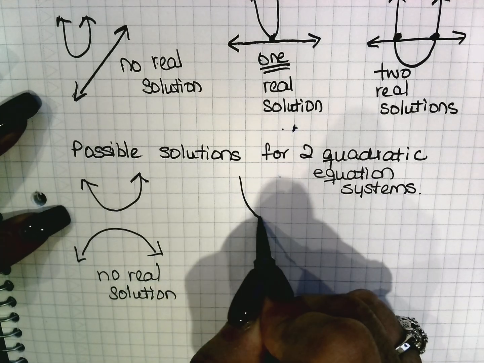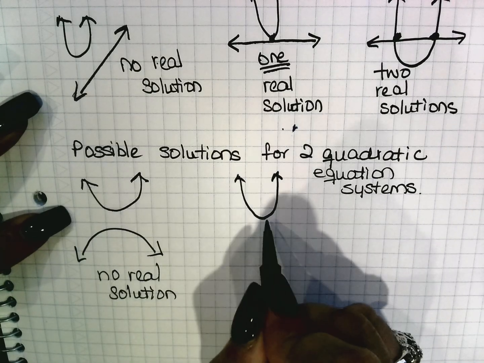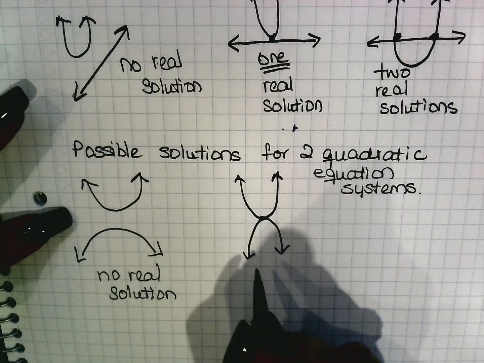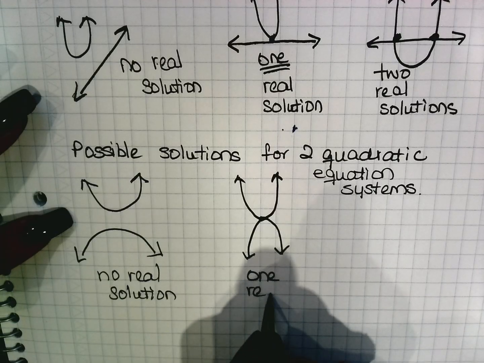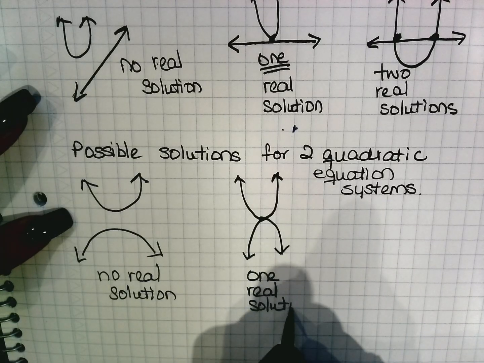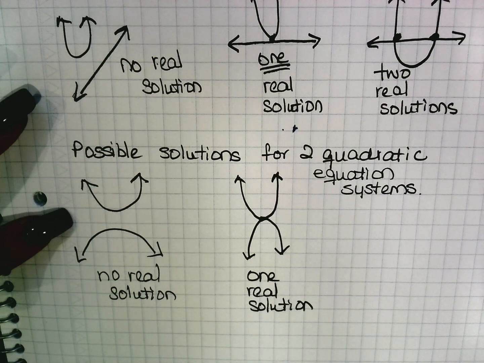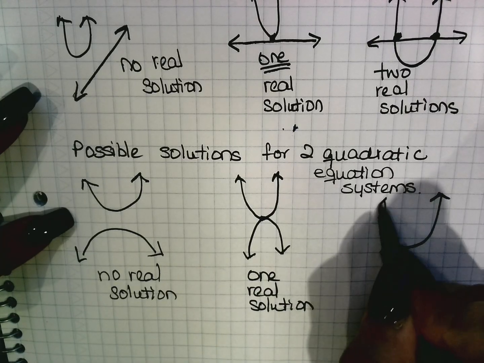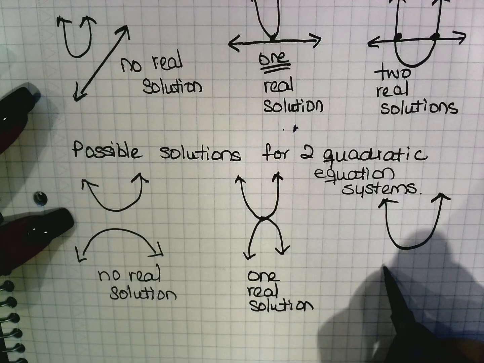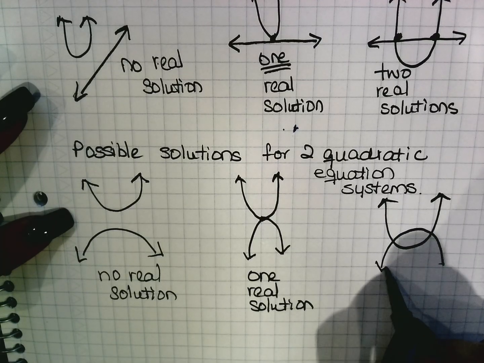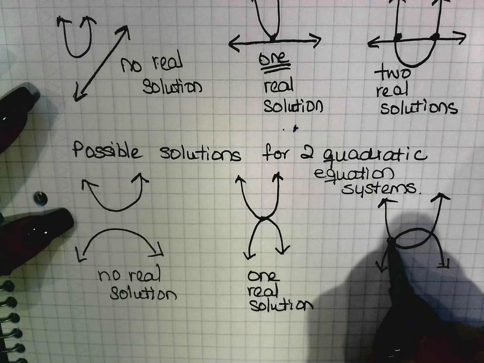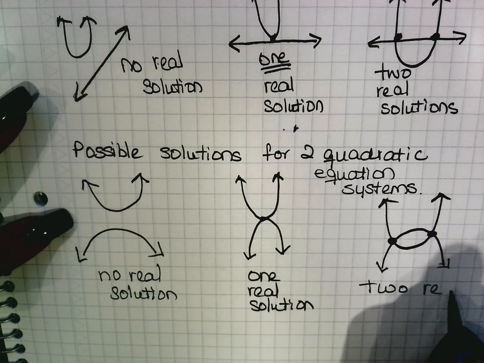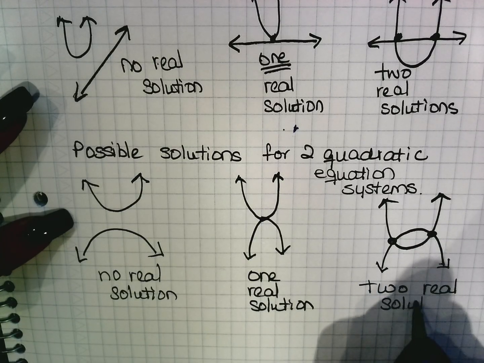Or I could have a parabola here, and then just that point and another parabola there. And that would give me one real solution. Or we could have one parabola doing that, and another one that does that, and we would have a solution there and a solution there. So that would be two real solutions.